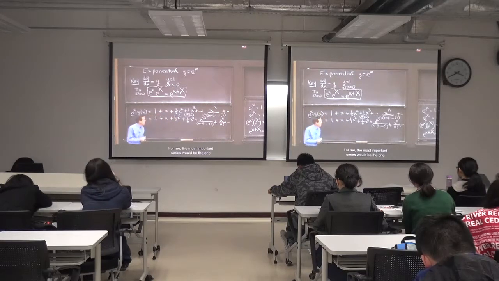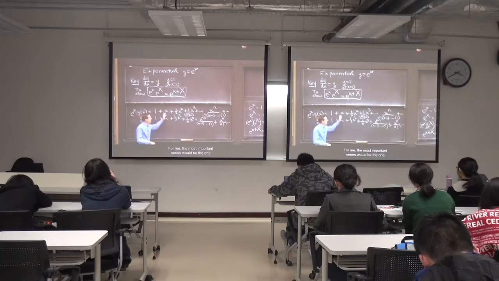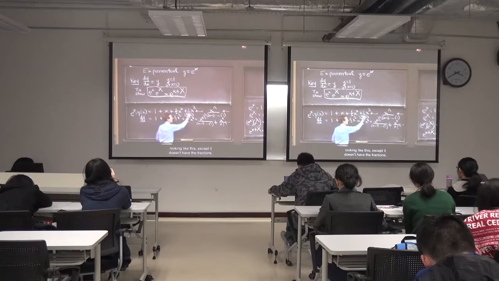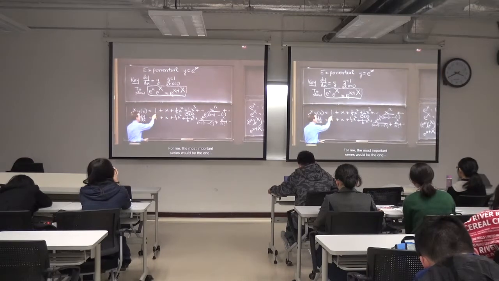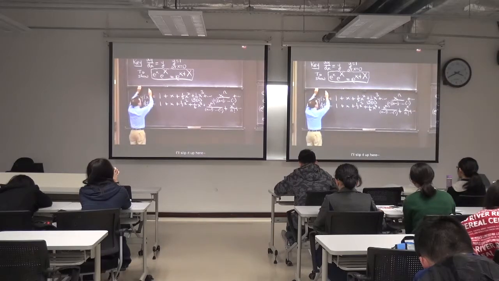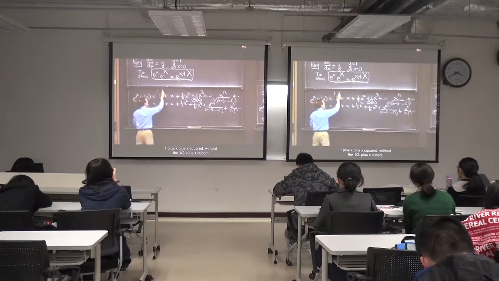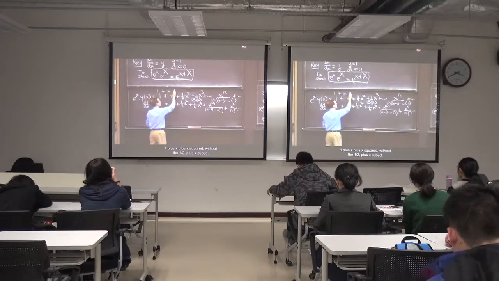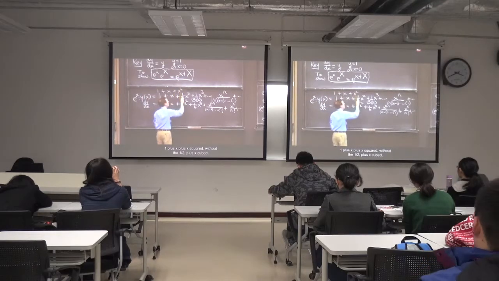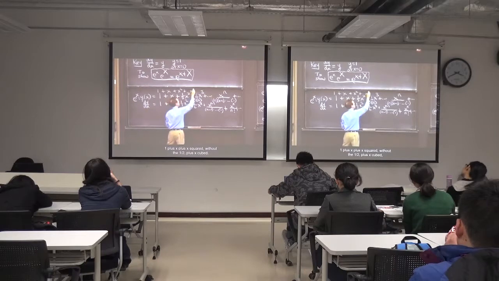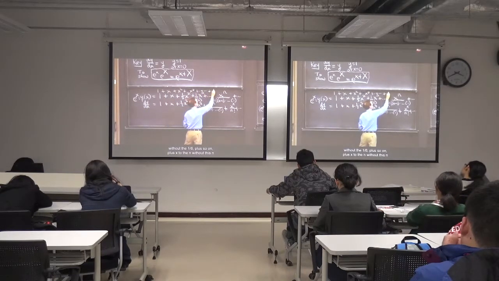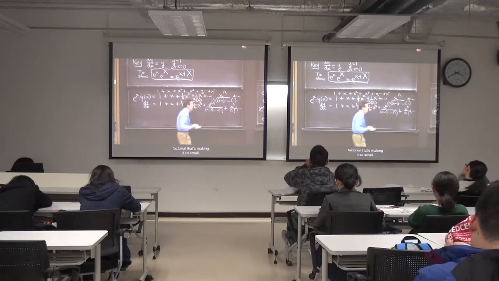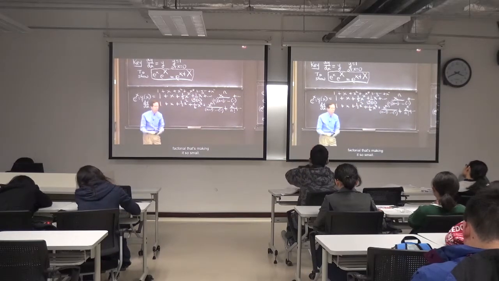For me, the most important series would be the one looking like this, except it doesn't have the fractions: 1 plus x squared without the half, plus x cubed without the 1/6, plus so on, plus x to the n without this n factorial that's making it so small.